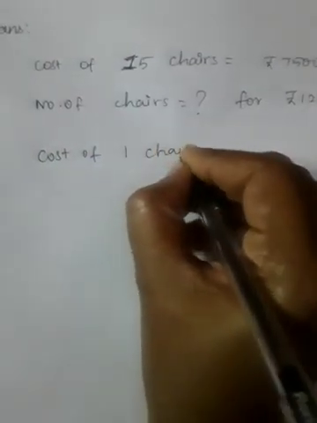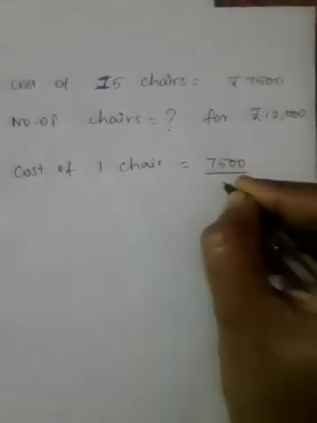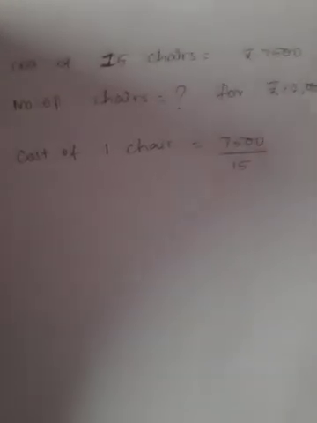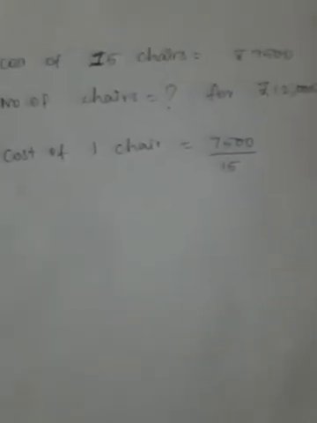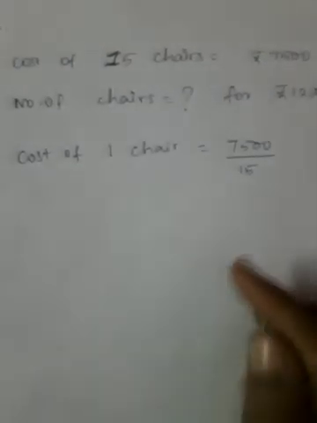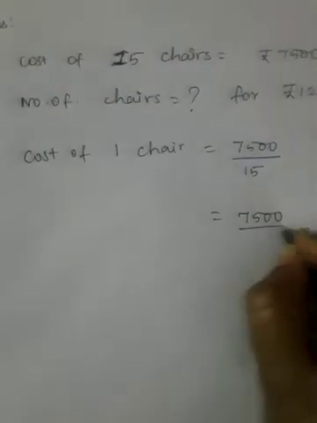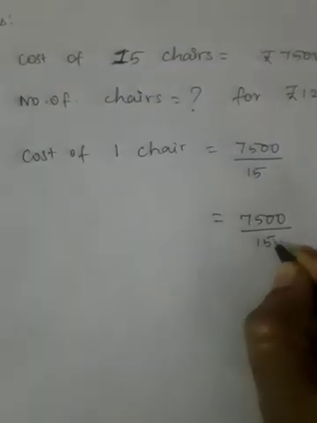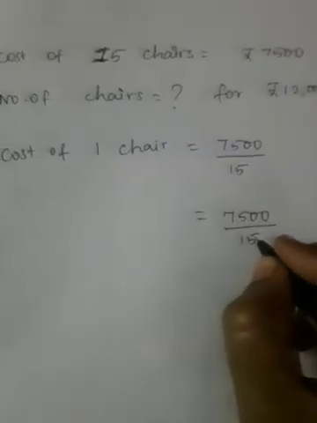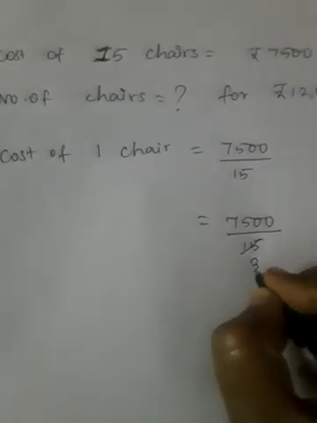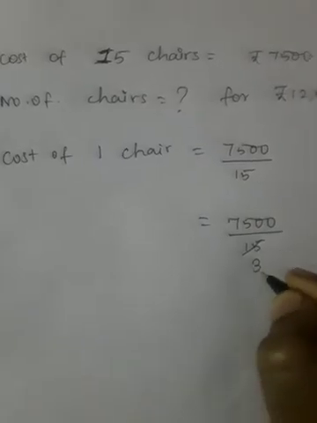So cost of one chair is equal to 7,500 divided by 15. Let's cancel by the fifth table. I will show how to do it. You just follow the same method. We are cancelling by the fifth table. So 5 threes are 15.